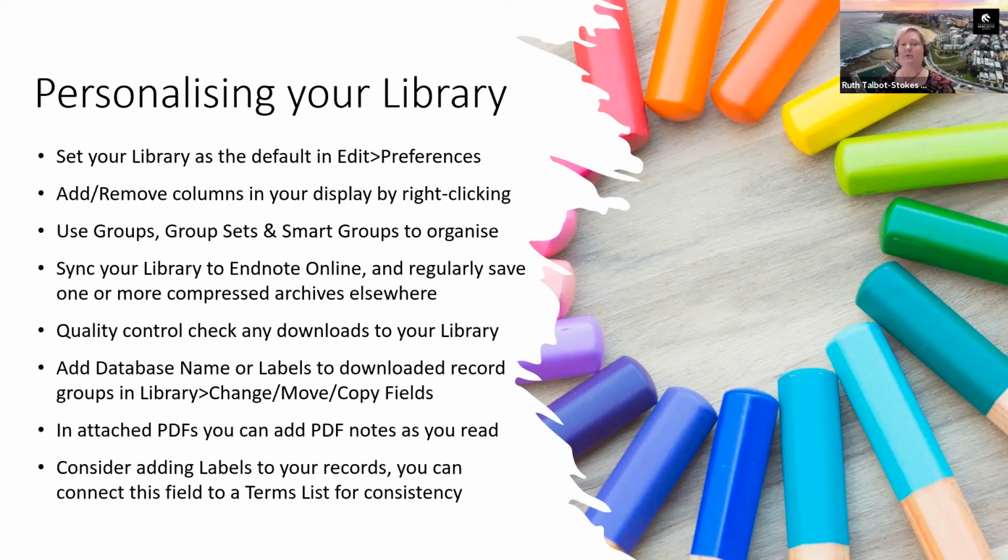And I'll consider labels, because when you're working with collaborators, tagging your resources so that everybody knows what they are associated with is a really good way to organise things. So I'm going to share my library now and show you some of those things.